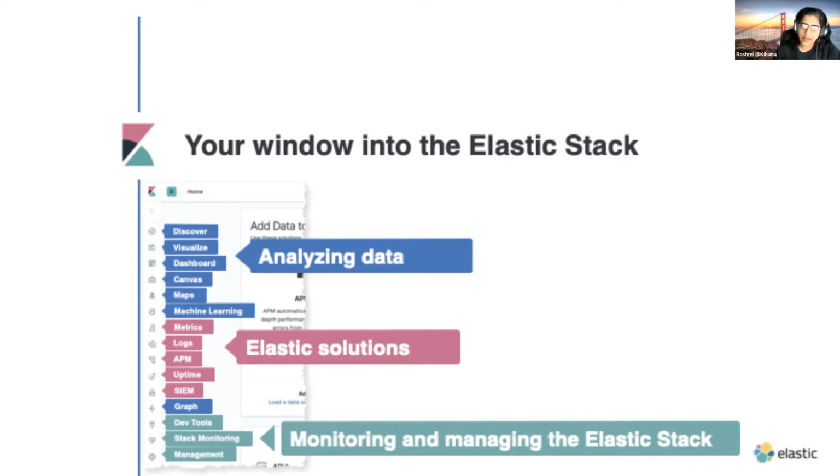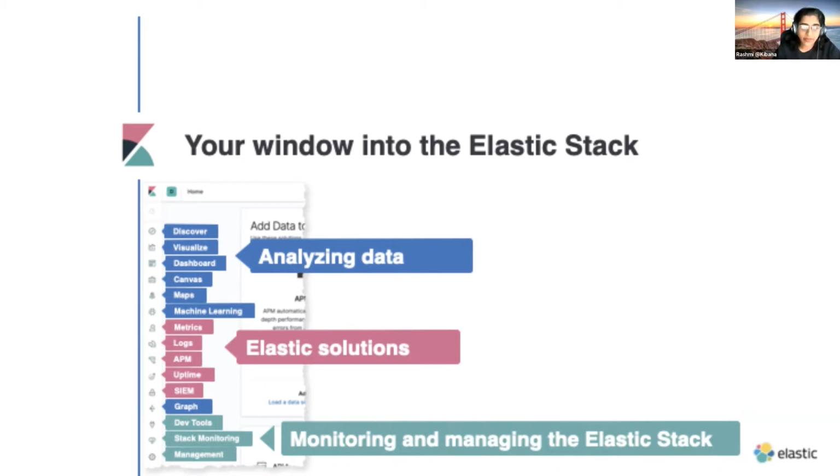And then there are Canvas workpads, and if you have GeoIP index data, you can always use the Maps application for seeing the data points. Point to point is one very easy maps aggregation. And then, as I said, you can have machine learning alerts on top of the data which you are analyzing.